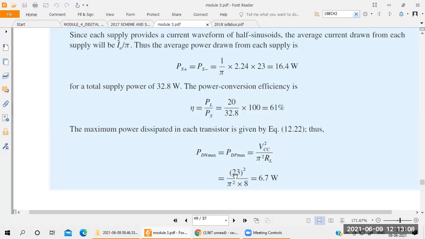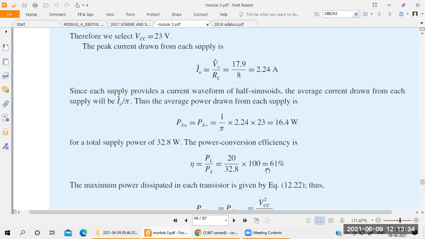This was the selected VCC value, because VCC is selected greater than the AC output voltage. So 23 whole square divided by pi square into 8. How much did you get here? Maximum power 6.7 watt. Okay, 6.7 is the maximum. Minimum is how much here?